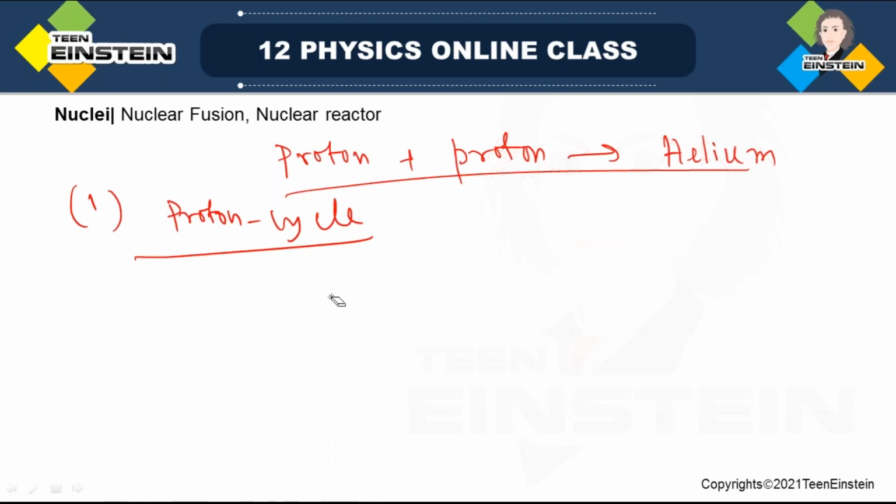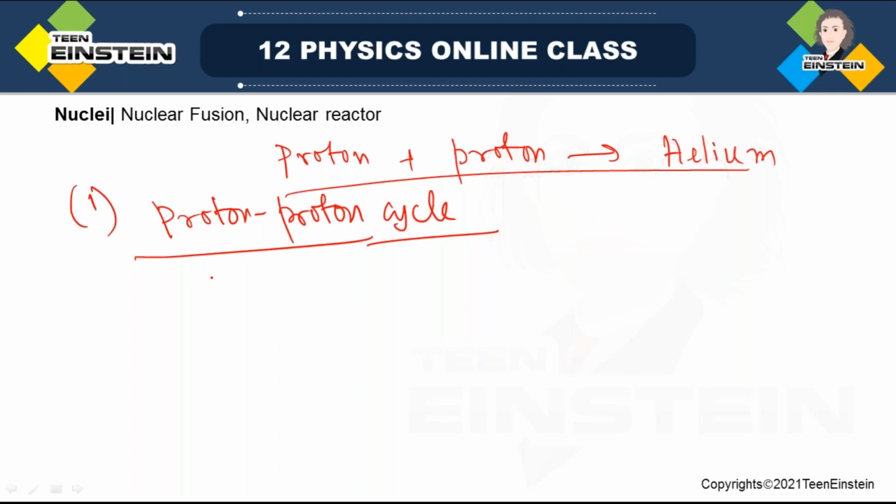Okay, so in the proton-proton cycle, what happens?